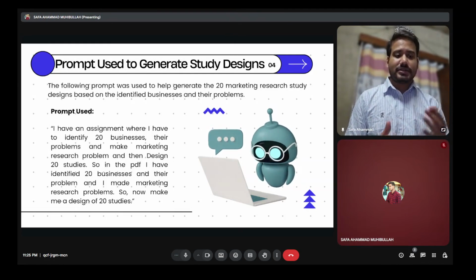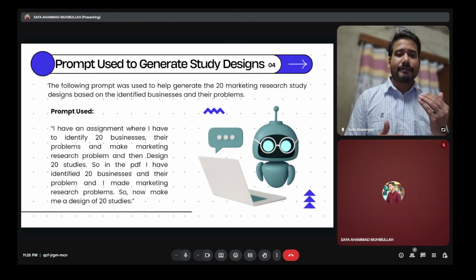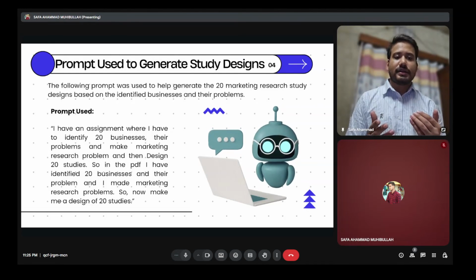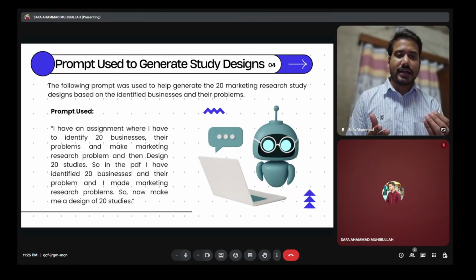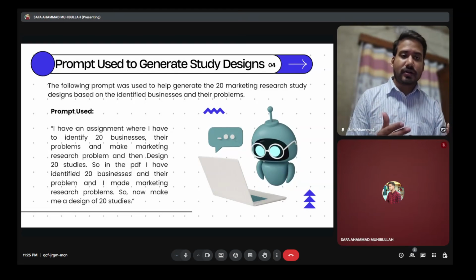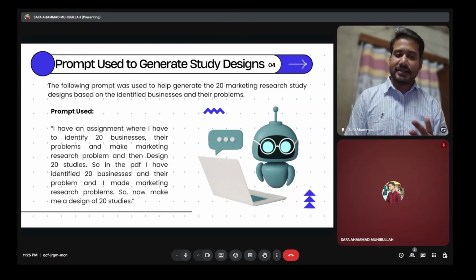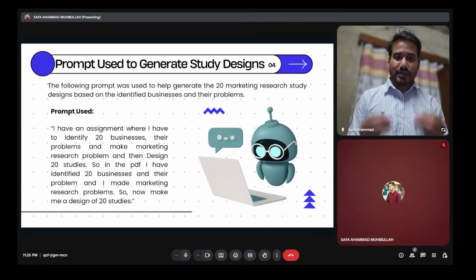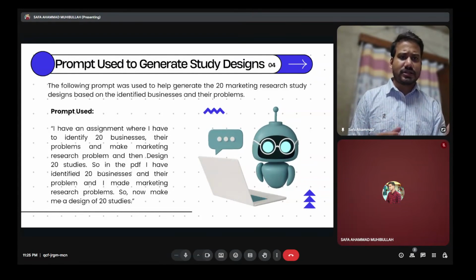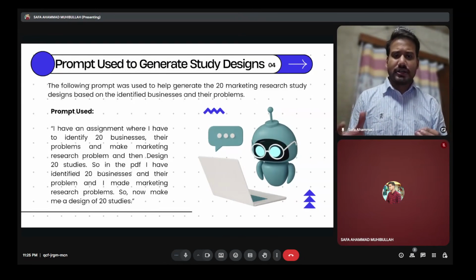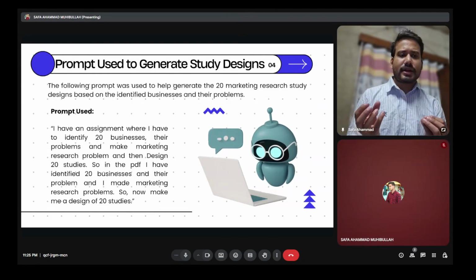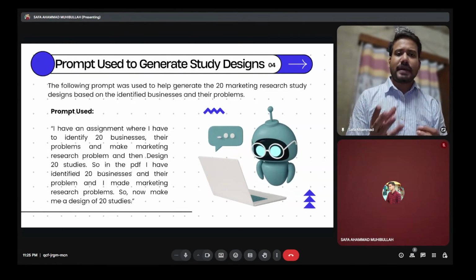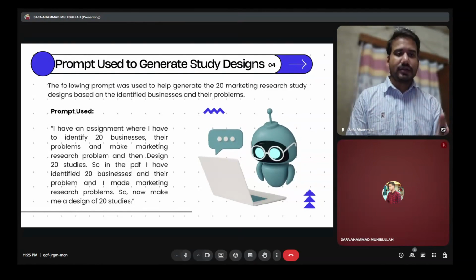So I took help from ChatGPT to suggest a research design, which later I edited by myself. I reviewed whether it actually matches my research problem, removed some things, and added some things myself. So I used technology efficiently to make the research design only.